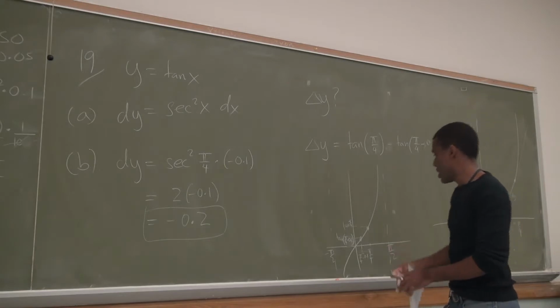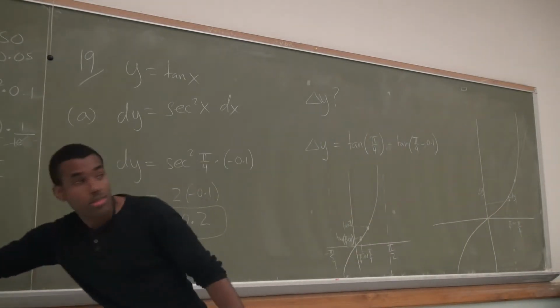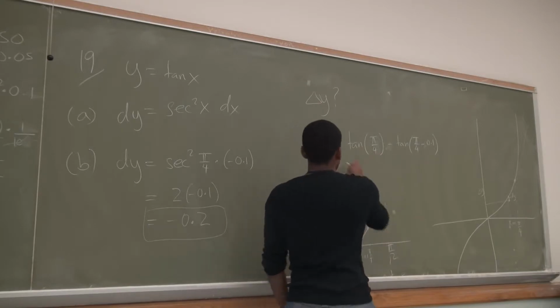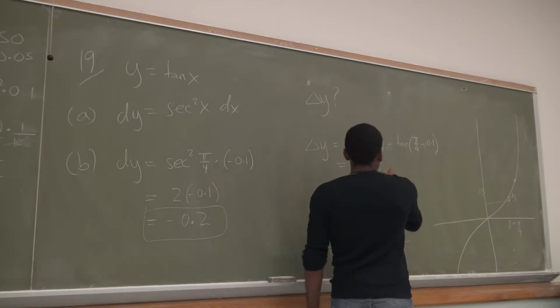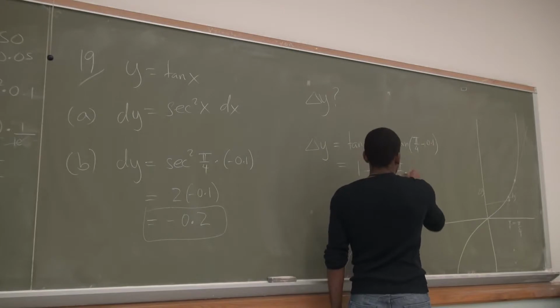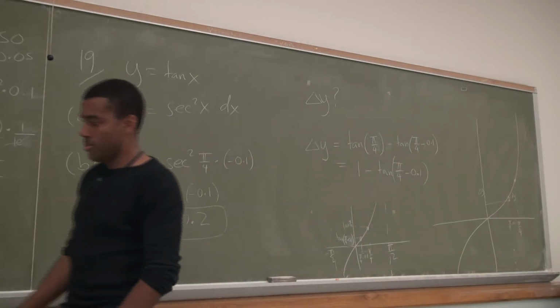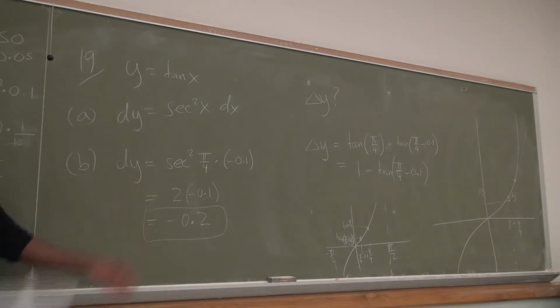Tangent of pi over 4 is 1. You could simplify that more, but no one remembers the addition formula for tangents.